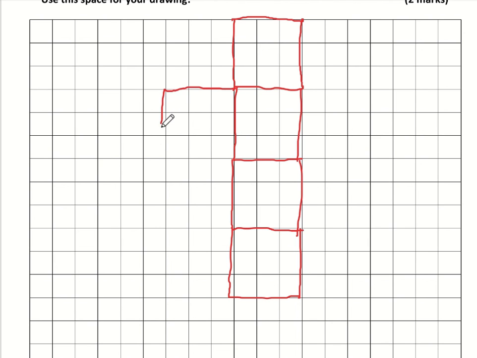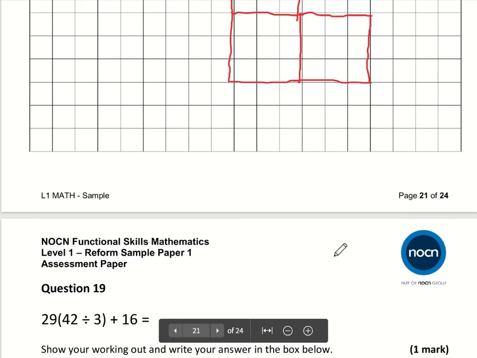So I'll put 1 here, and just to be slightly different, I'll just put 1 down here. As I said, this square here can be 1 above, 1 below, or 2 below, and this one can be again on any position on the right hand side. As long as 1's on the left and 1's on the right, it's all fine.